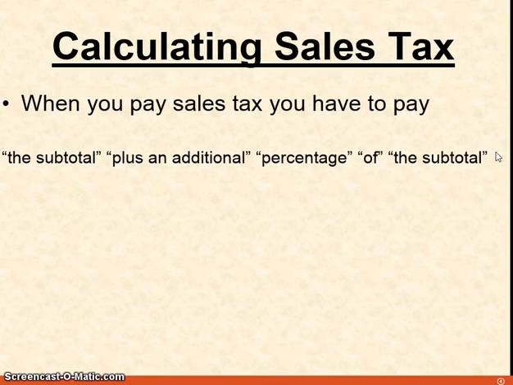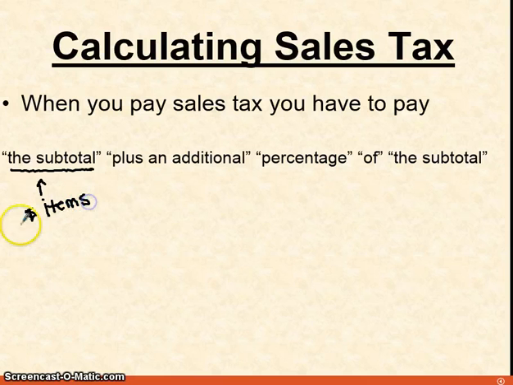When we're calculating sales tax, you have to pay the subtotal, which is the amount your items add up to, the money for your items, plus an additional. And in our last flipped unit, we learned that plus an additional signals what operation? Add.